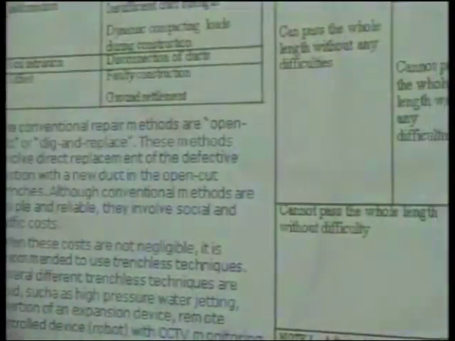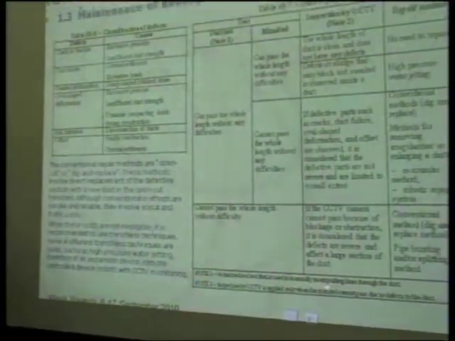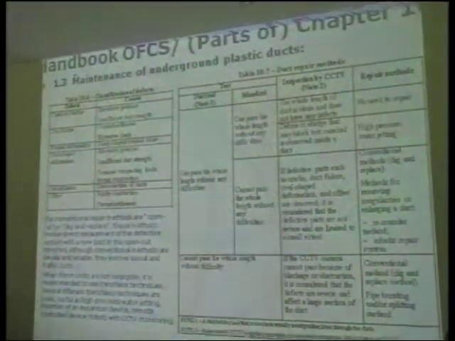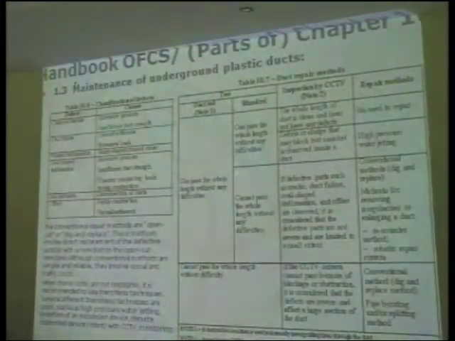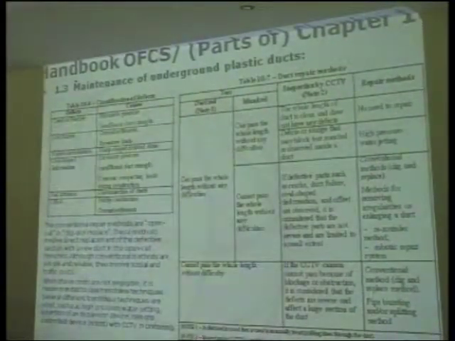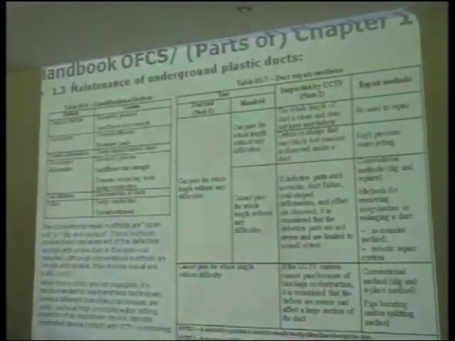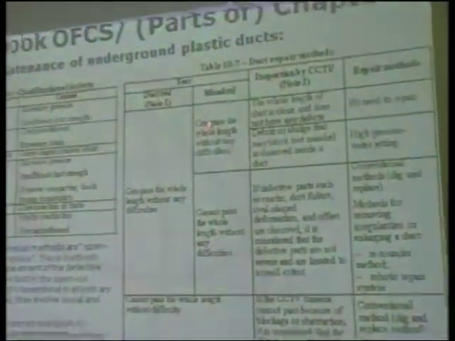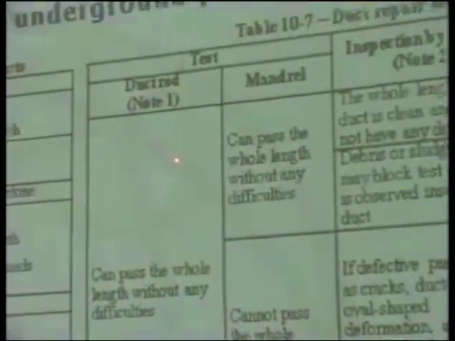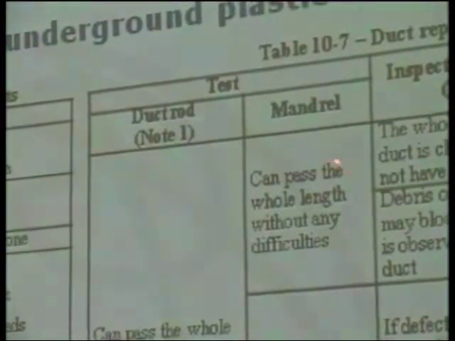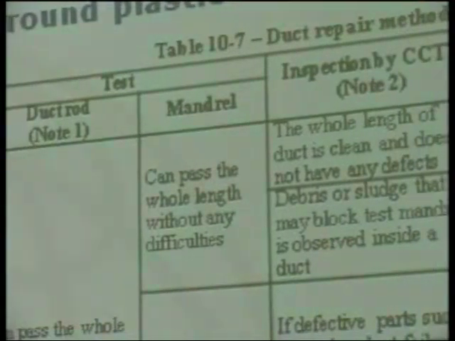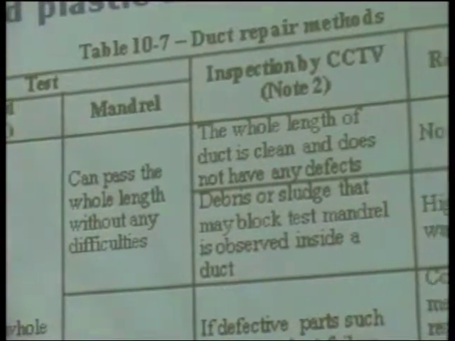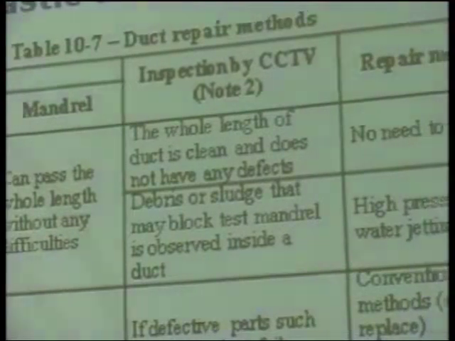When you use a duct rod, that's a tool used to pull through the duct, and if we can pass the whole length without any difficulty, it shows that the duct is okay. There's another way to test this, using a mandrel. It can pass the whole length without any difficulty, or you can have some difficulties.